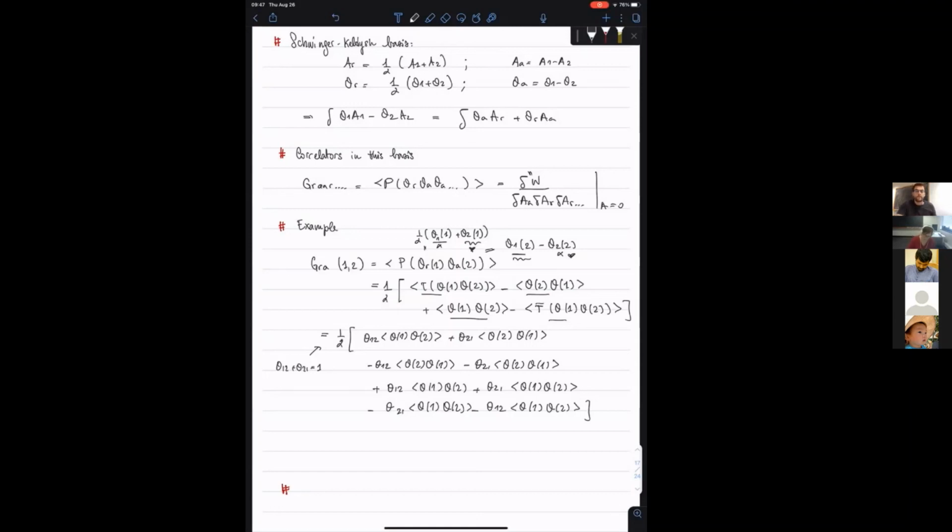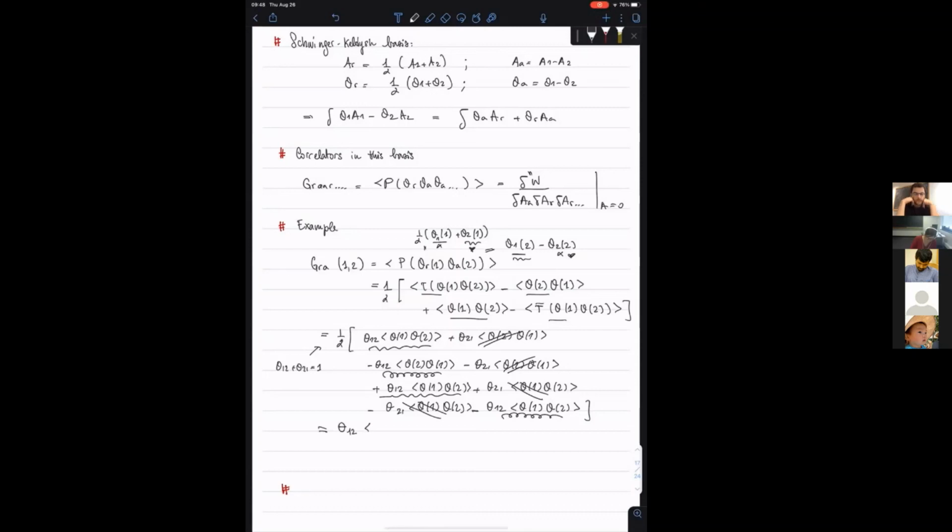So now you can see that there are some cancellations. This term here will cancel with this term here. And then this term here will cancel with this term here. And you're left with this term here, which is equal to this one. So it will sum to get rid of this 1/2. And then this term here is equal to this one here. So eventually you reproduce this correlation function here.